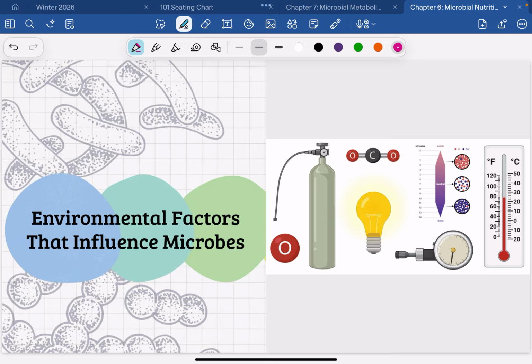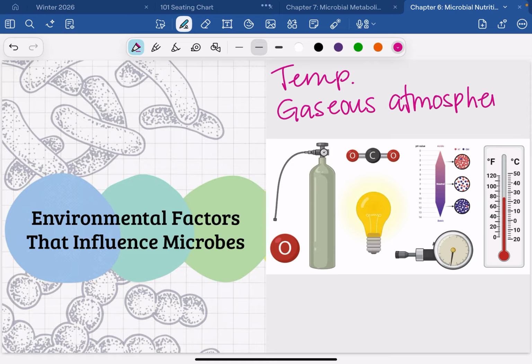Mostly we're going to be talking about temperature, the gaseous atmosphere, so mostly how much oxygen there is, and a little bit about pH, which I'll explain in a minute if you don't know what that is. We're going to go through each of these individually.